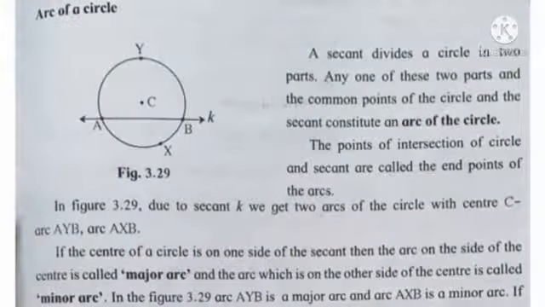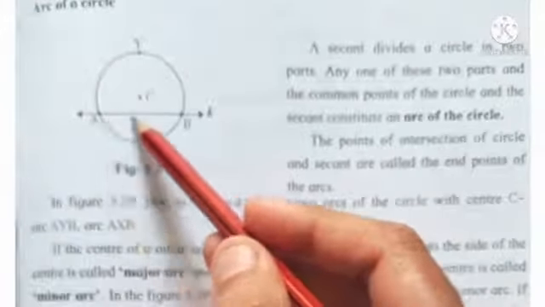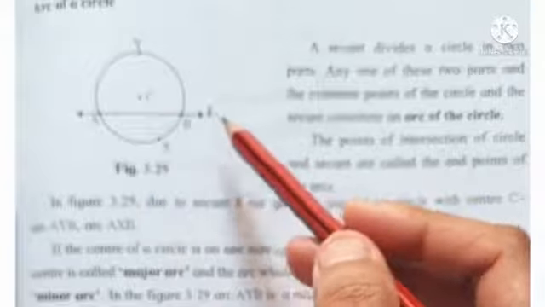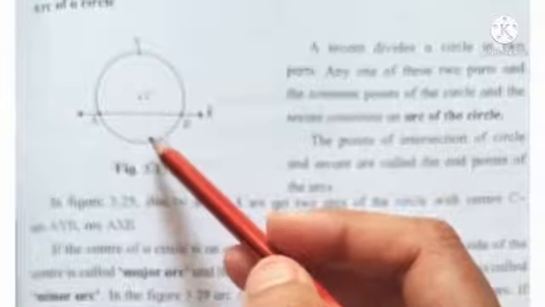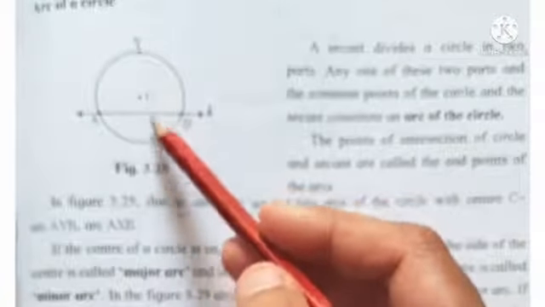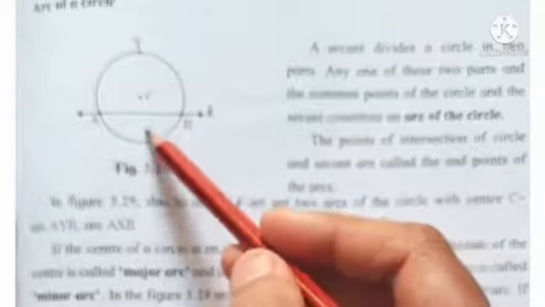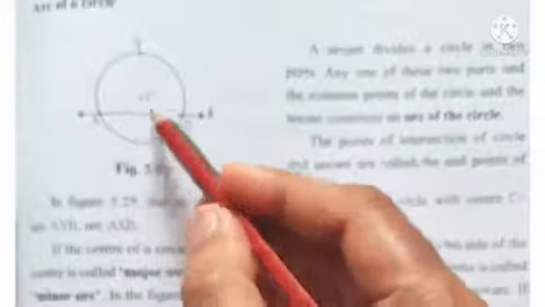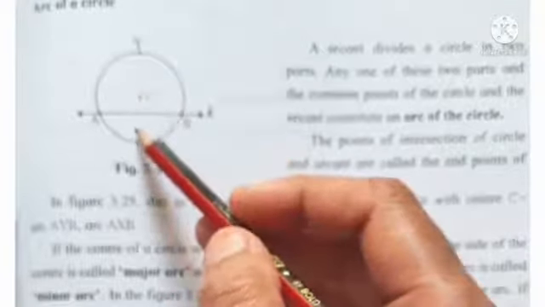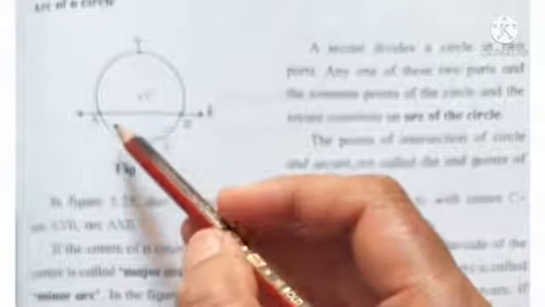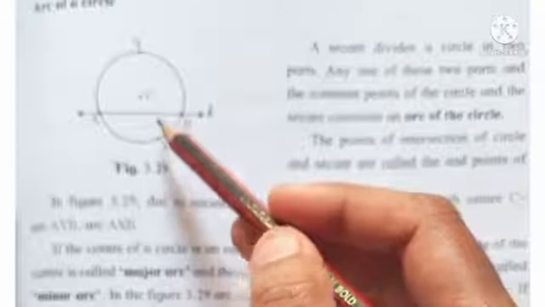See, here one circle is drawn and a secant is drawn. So, what is the arc of a circle? If the secant divides the circle into two parts, here AK is the line, AK is the secant. It divides the circle into two parts, a smaller part and a greater part. The common points on the circle and the secant constitute an arc of the circle.